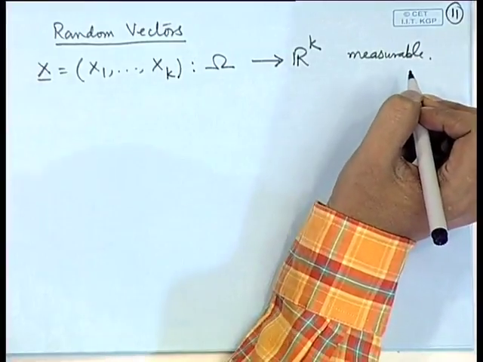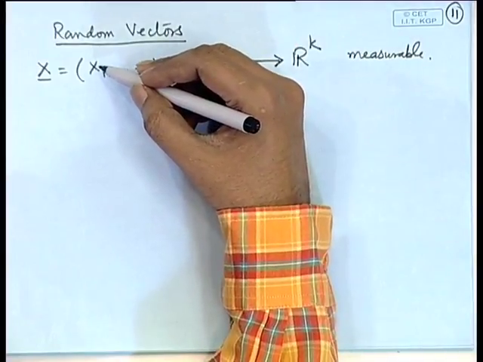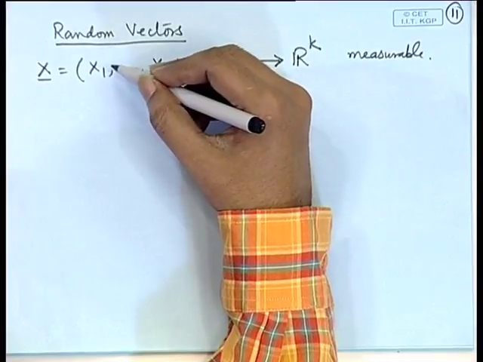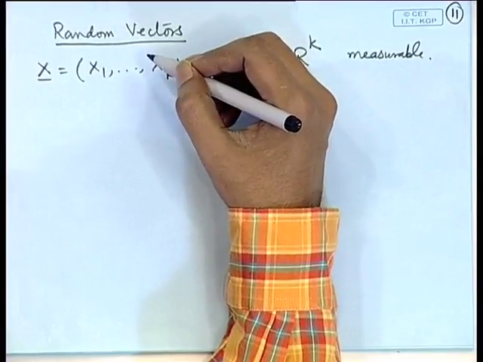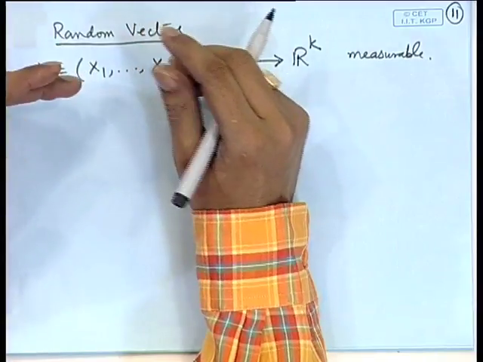Now, some of the random variables Xi may be discrete, some of them continuous. We may have some of them as mixtures. So, all types of possibilities of the type of the random variables are there.